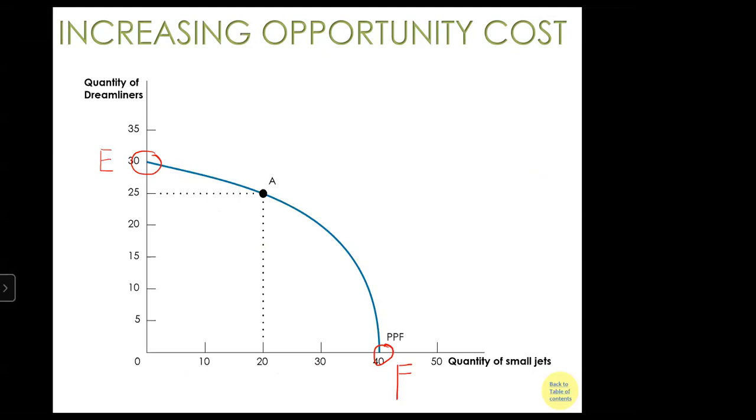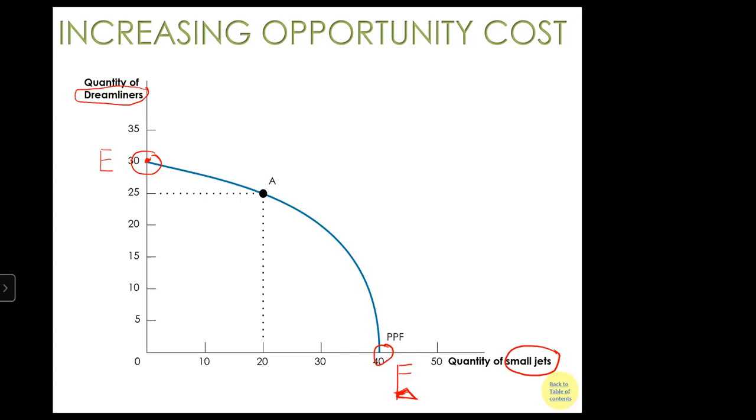So at the point E, the business allocates all resources in one particular product, which is Dreamliners. On the other hand, F means the business allocates resources in the other particular product, which is small jet.